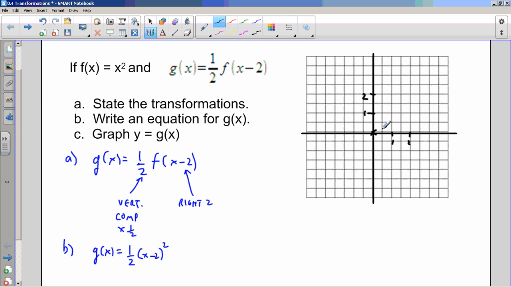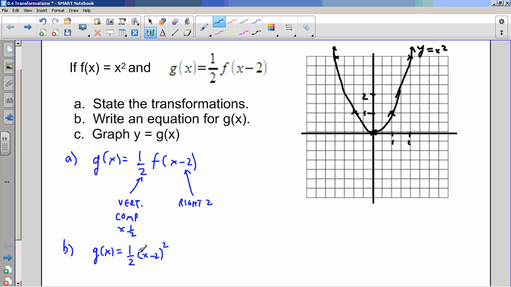So the original one, and I'm doing a nice, clear, obvious mark, whether it's a dot or a check or an X. And then over 1, up 1, over 1, up 3 is the basic shape. However you remember the basic shape of the parabola, that's what we need to draw. Try and draw a nice smooth curve through there. That's not great, but not terrible. Okay, so that's my basic one.